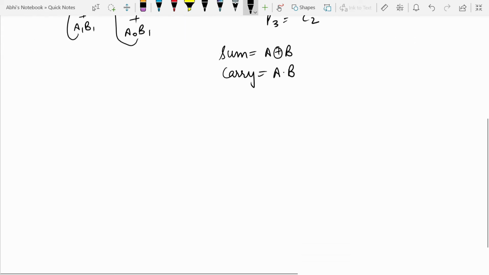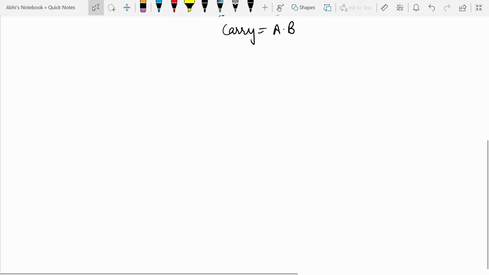So let us draw the circuit of the 2-bit multiplier. We'll simply write the numbers first, that is A1 A0 B1 B0.